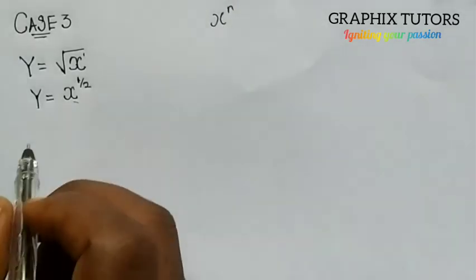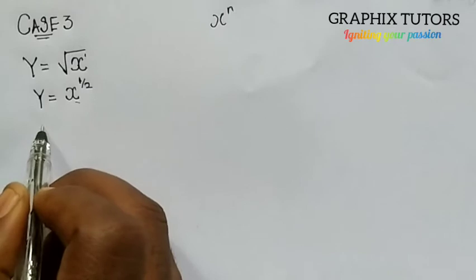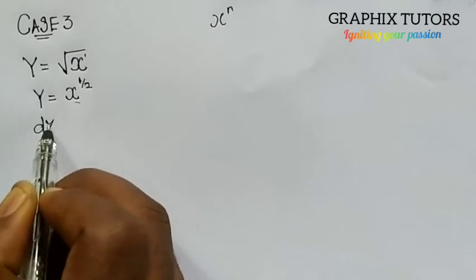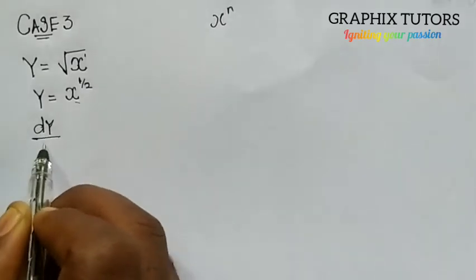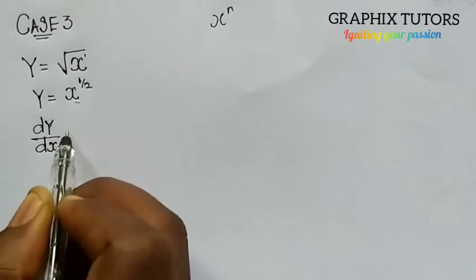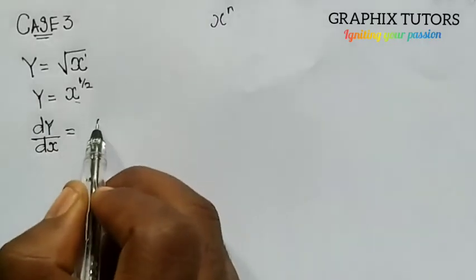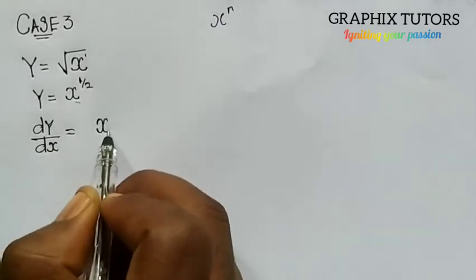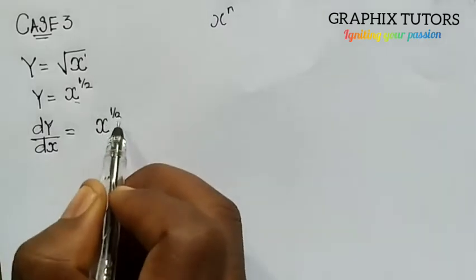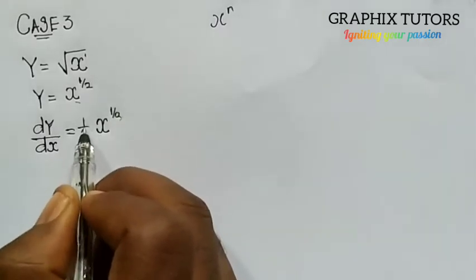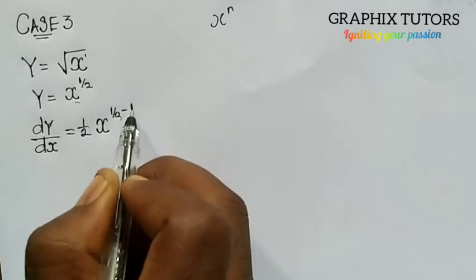So from here I will now say that dy over dx will give me, I'll write it out, the same criteria: 1 over 2. Once this comes down, 1 over 2, I'm going to subtract 1 from it.